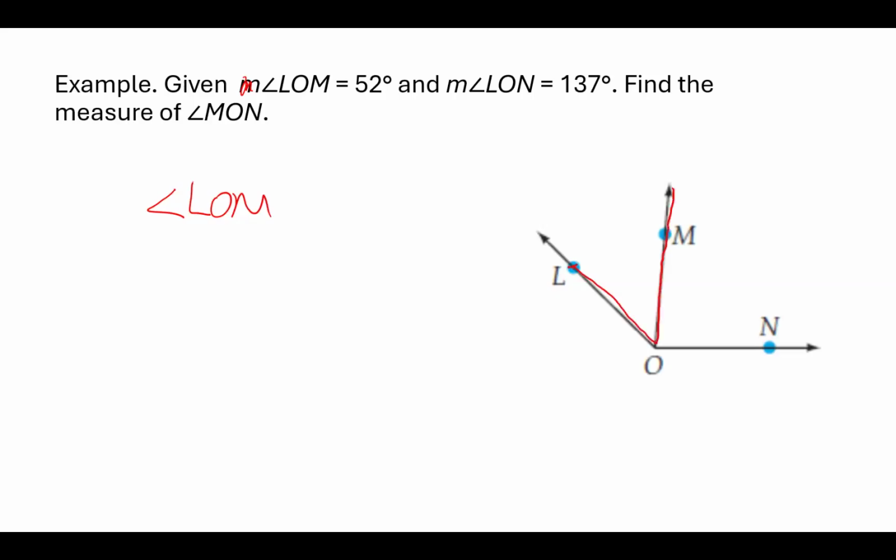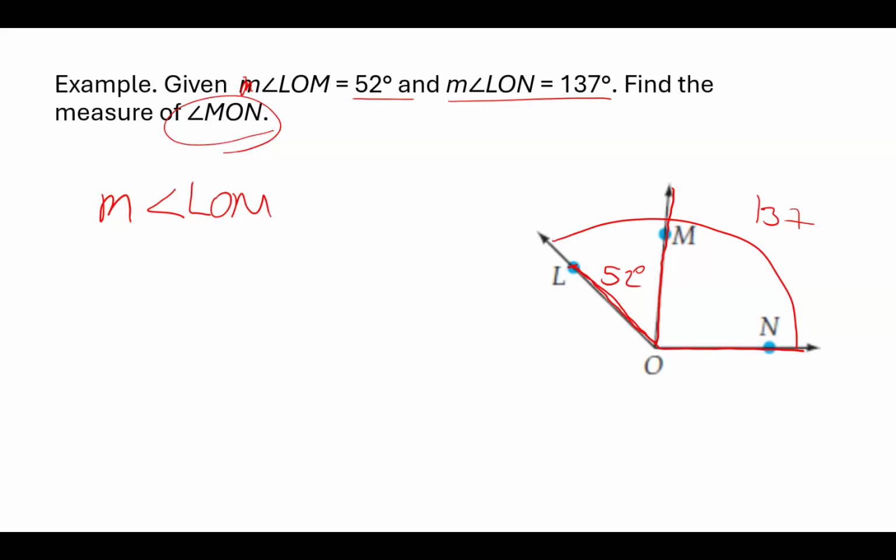And if you want to refer to the value, like what is the measurement, then they put the M. So the measurement of this angle is 52. And then we also know that the measurement of LON, which is all of this, is 137. And the question is, find the measure of the angle MON. So this is what we don't know.